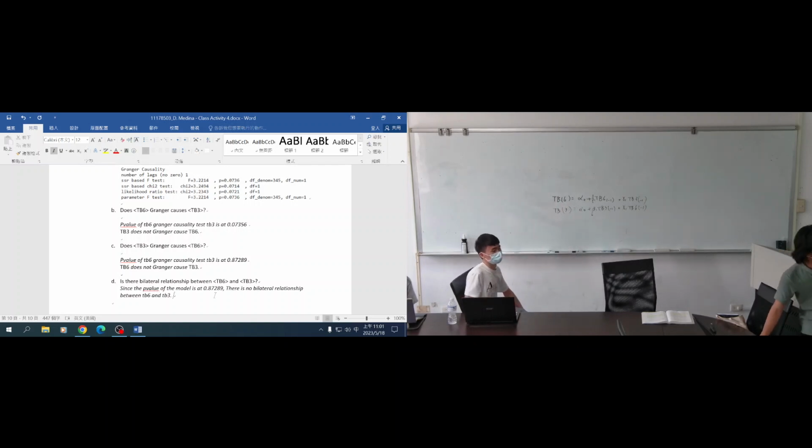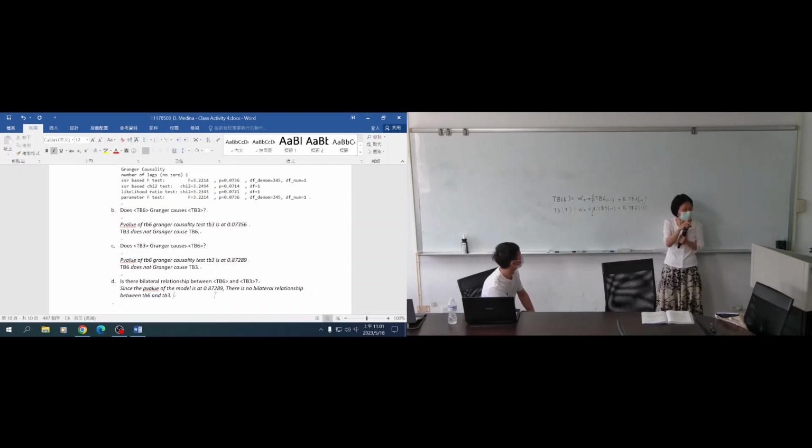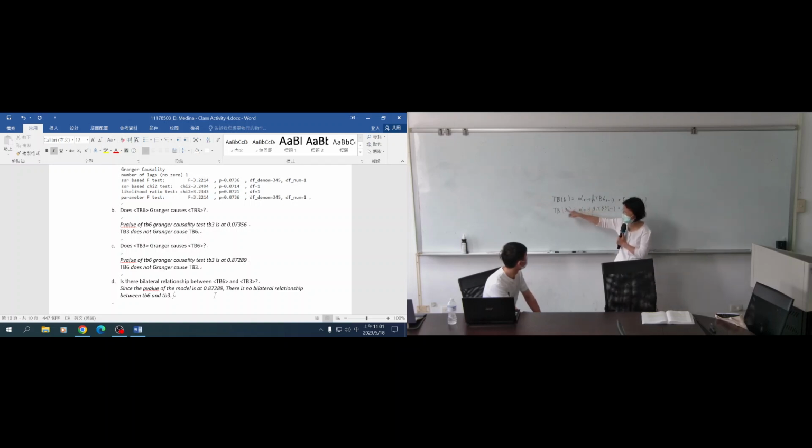Let me explain this one. If you just use one lag, if this is 3, this is 6, right? If this one is significant, what does that mean?